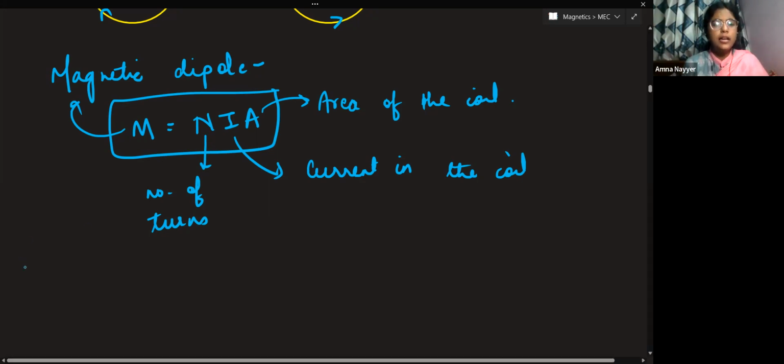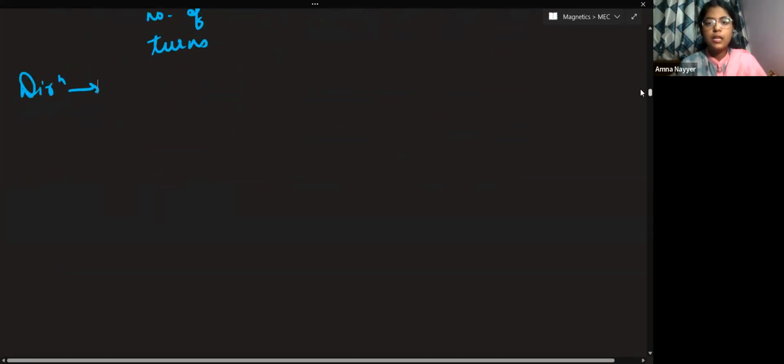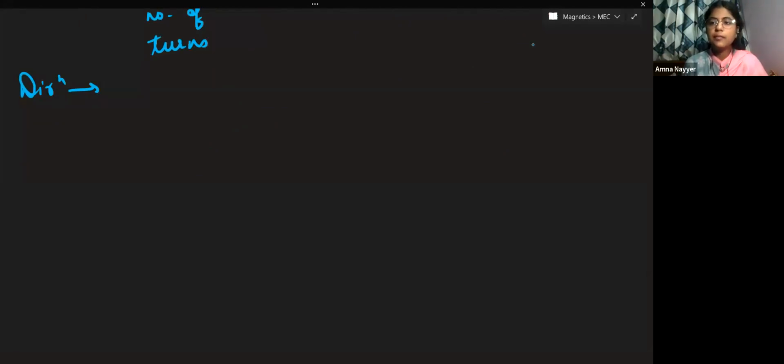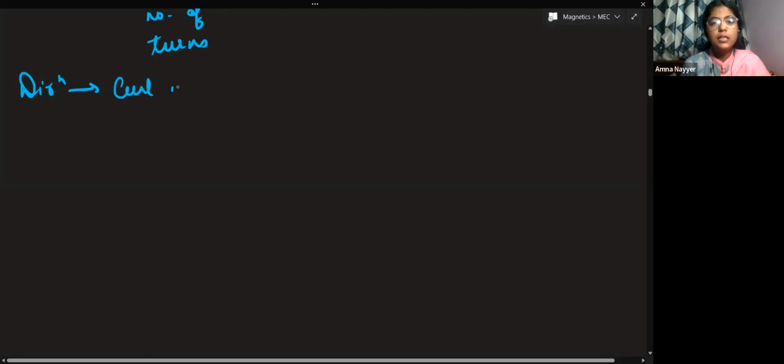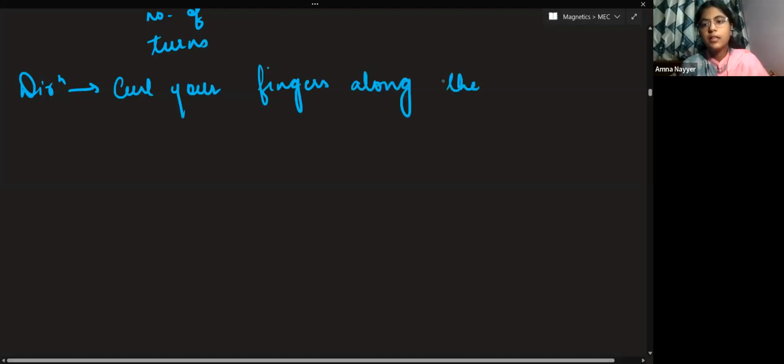So in this, I'll write down the direction once again. Direction is basically: curl your fingers along the sense of current.